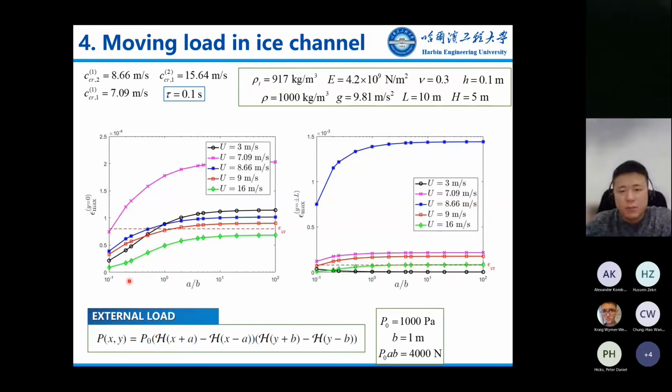Besides, the more the load is elongated along the channel, keeping the total load constant, the larger the strain in the ice sheet. But the ice breaking ability of a load moving with a constant speed does not continue to increase if the aspect ratio of the moving load is larger than 10.